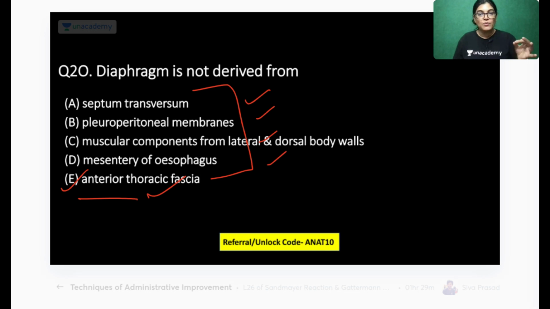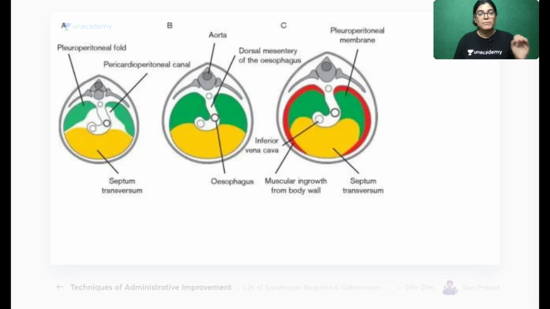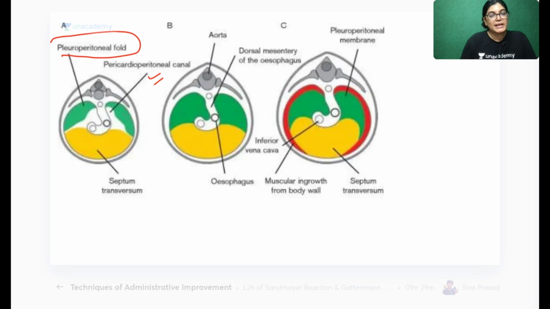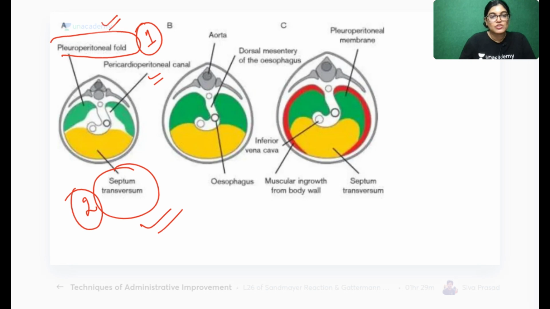Let me show a diagram so that it will be more clear to you. My dear aspirants, see here. This is the pleuroperitoneal fold. The pericardial peritoneal canal has been shown. Septum transversum forming the central tendon. Dorsal mesentery of the esophagus here.